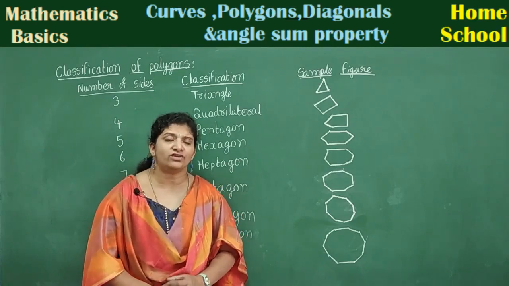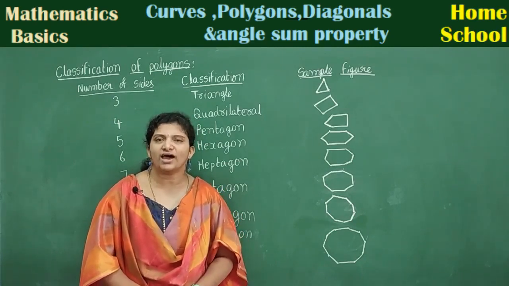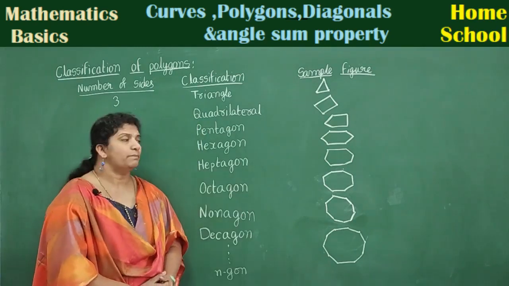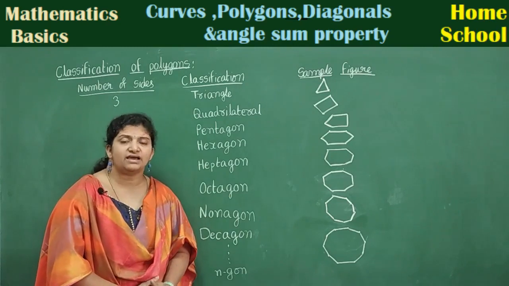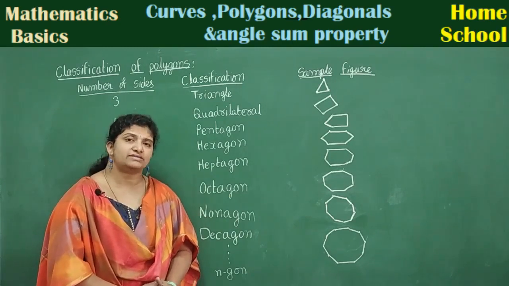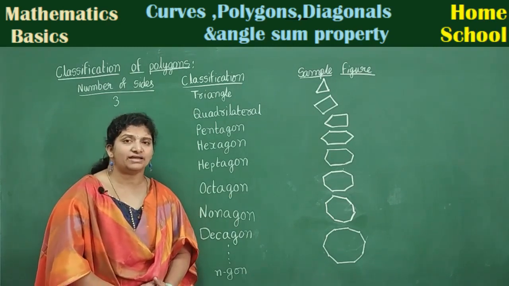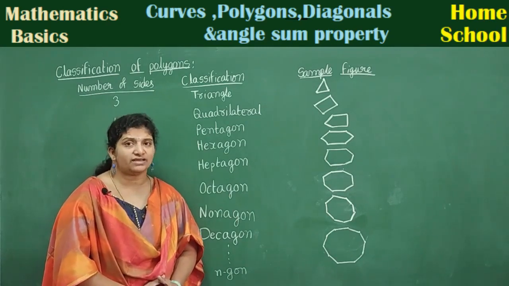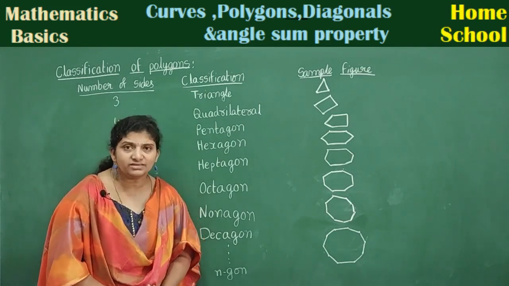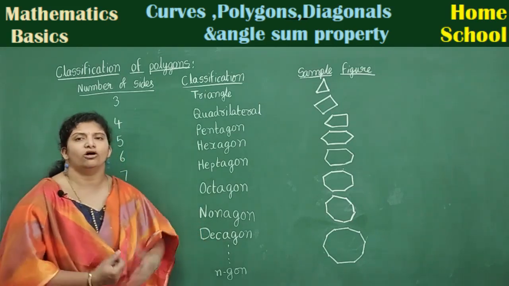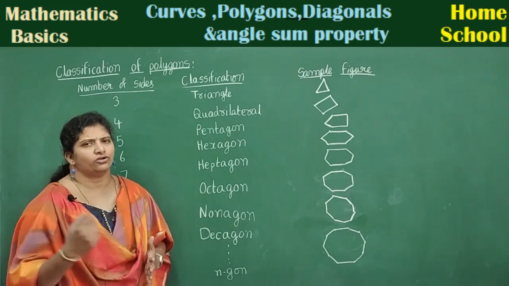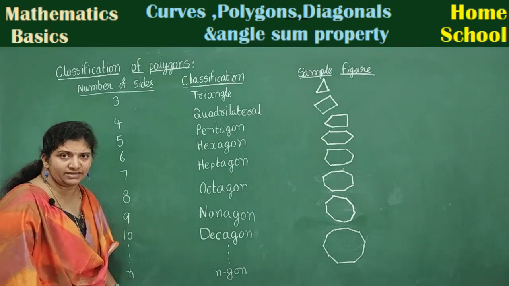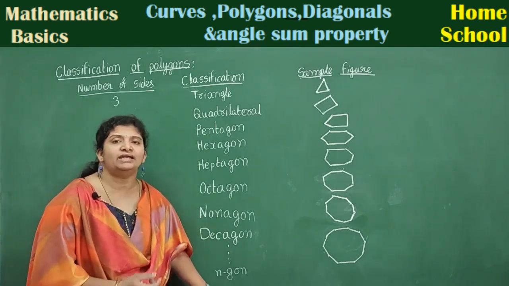If a polygon has 3 sides, it is a triangle. 4 sides, quadrilateral. 5 sides, pentagon. 6 sides, hexagon. 7 sides, heptagon. 8 sides, octagon. 9 sides, nonagon. 10 sides, decagon. Like this, n sides, n-gon we call. Like this, dodecagon and many others you will be having. According to the number of sides, the name of the polygon depends.